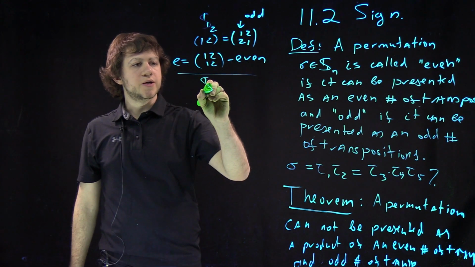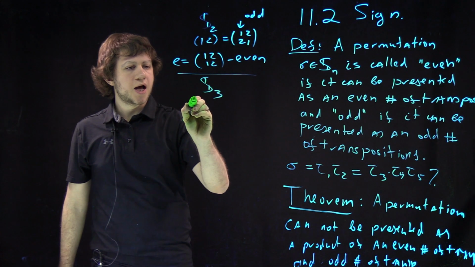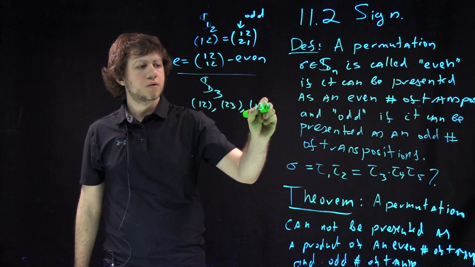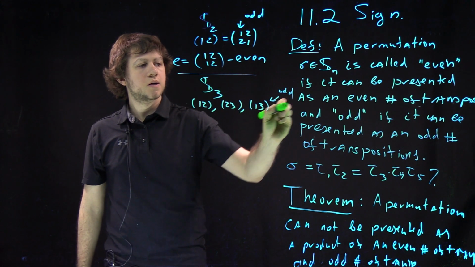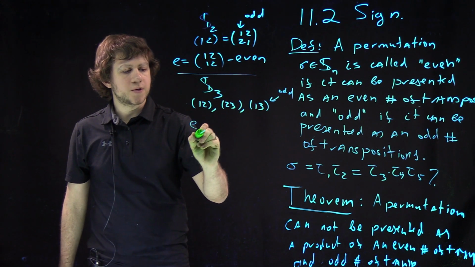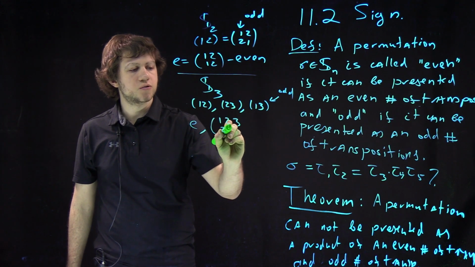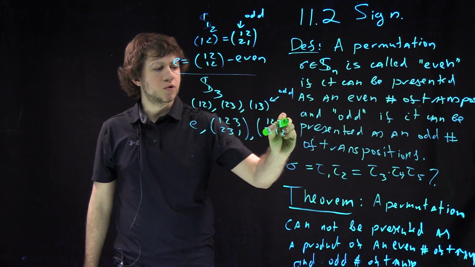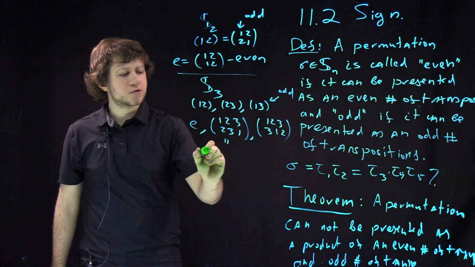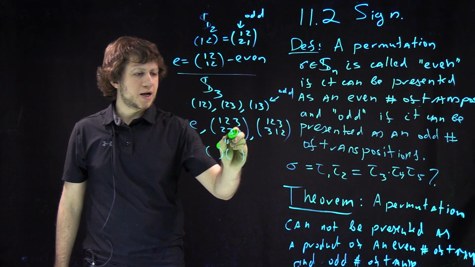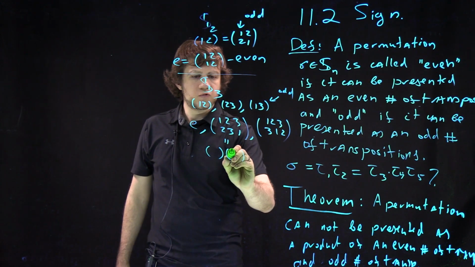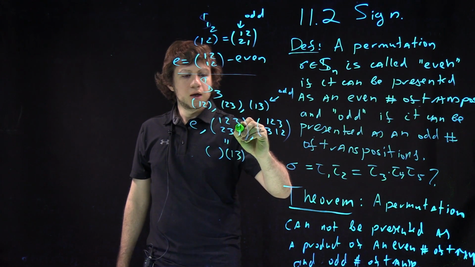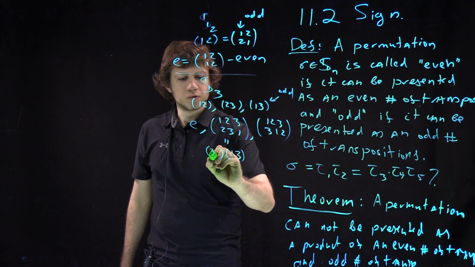So in S3 we have (1 2), (2 3), (1 3). These are odd. And then we have the trivial one, and then 2 cycles: 1 2 3 goes to 2 3 1, and 1 2 3 goes to 3 1 2. And these are even, because if you think about it, first you can send 1 to 3, so now 3 goes to 1, 1 goes to 3, and then 3 2.